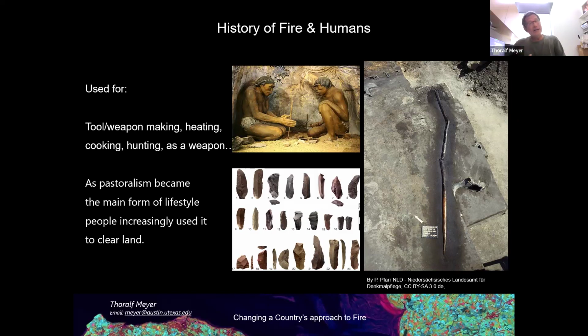It has been used for hunting, and it has certainly been used historically as a weapon, to drive an enemy away from a certain area or into a certain area, etc. And as pastoralism became the main form of lifestyle, fire was often used to clear land. So in certain areas where humankind has been present for thousands of years, fire has shaped entire landscapes.